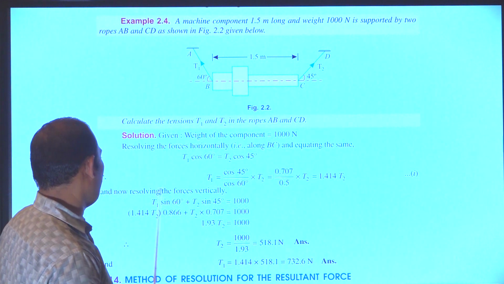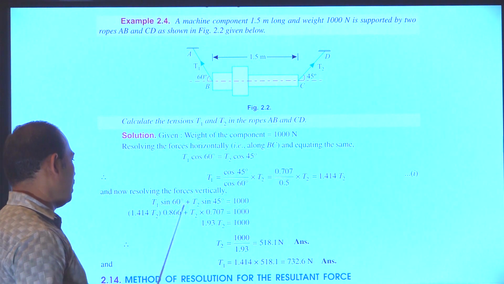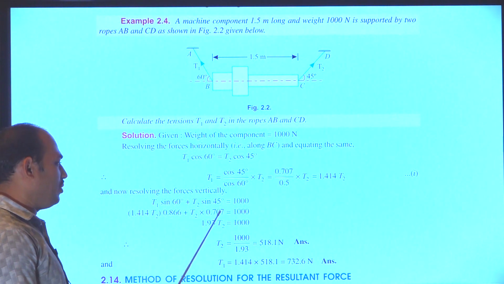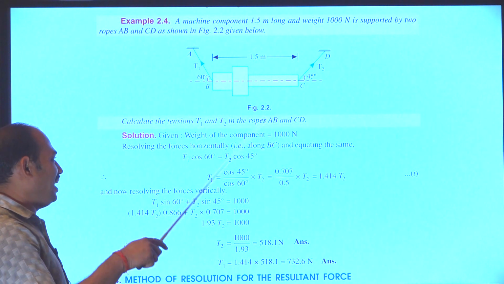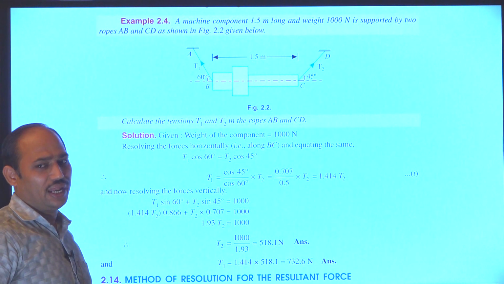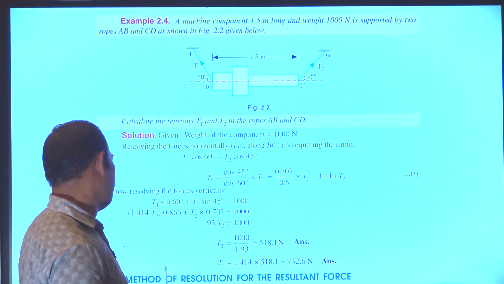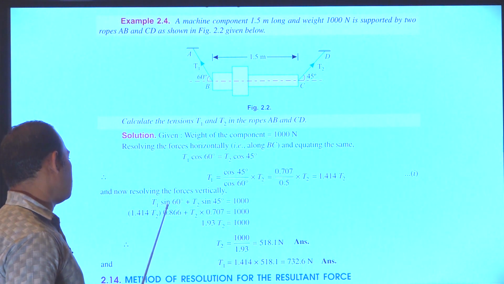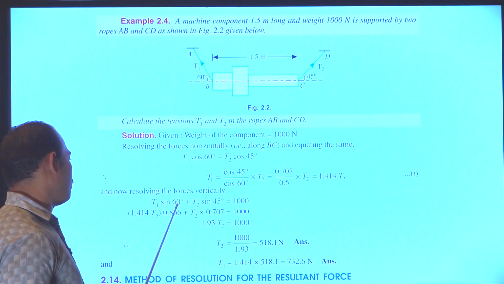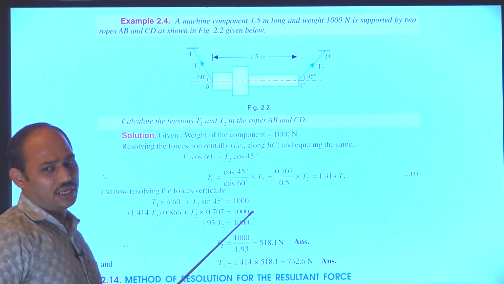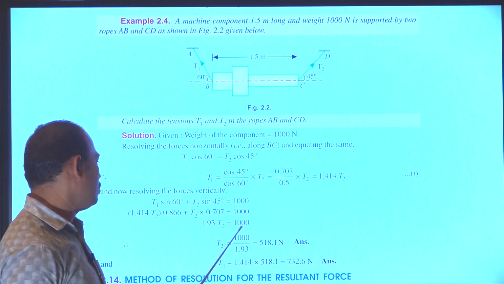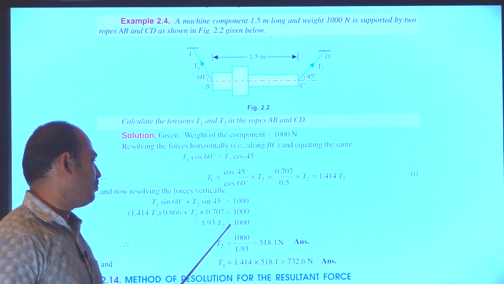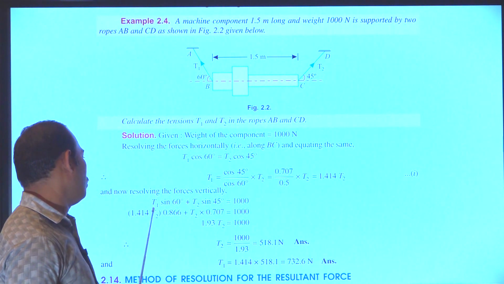Now again resolving all the forces vertically, we get T1 sin 60 plus T2 sin 45 equal to 1000, that is the weight acting vertically downward on this body. The value of sin 60 is 0.866, or root 3 divided by 2, and sin 45 is 1 divided by root 2, or 0.707.